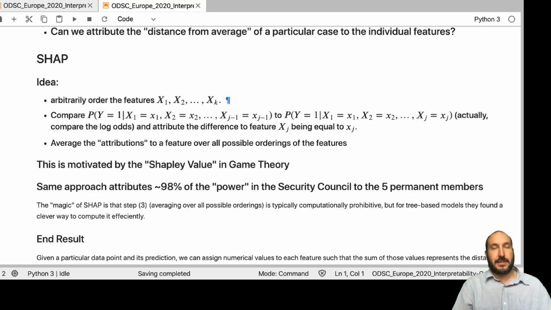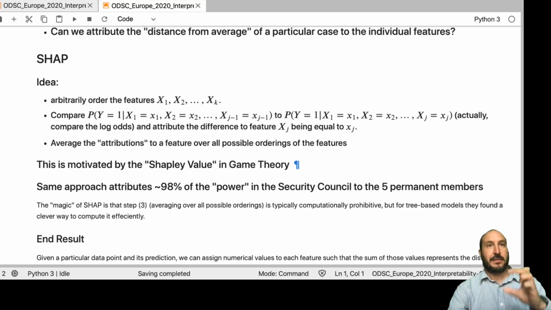And that again comes from the Shapley value. So what we want to do is average the attributions to a feature over all possible orderings. I play this game for one ordering, then I pick a different ordering, do it again, and try every single possible ordering and say, on average, when I learned the person's age, at whatever point in this process, how much did that influence my prediction?